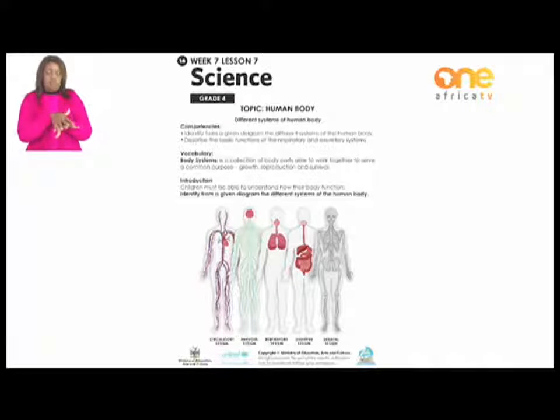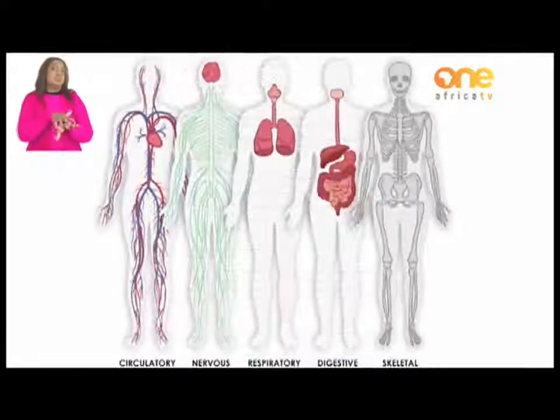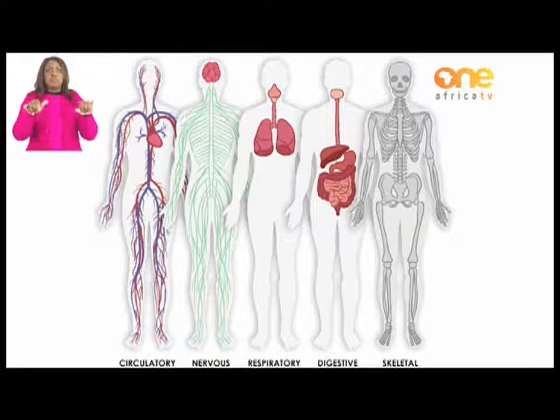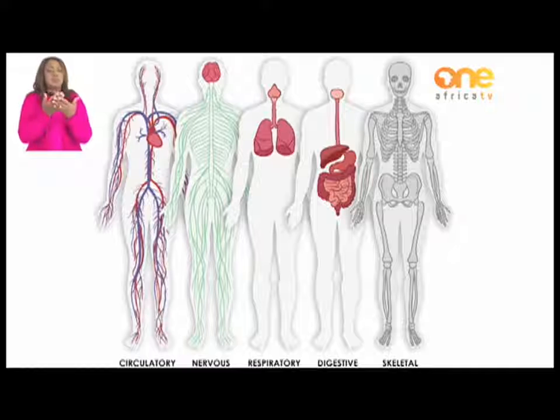The heart pumps blood to all parts of the body. The second system is the nervous system, which is made up of the brain and nerves. Now, the brain sends messages to all parts of the body.